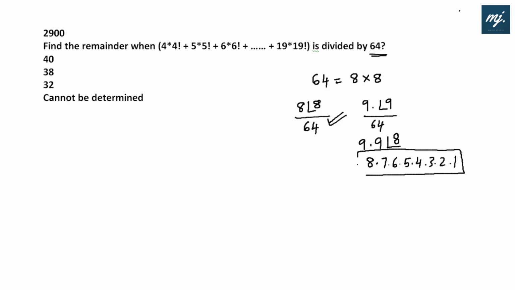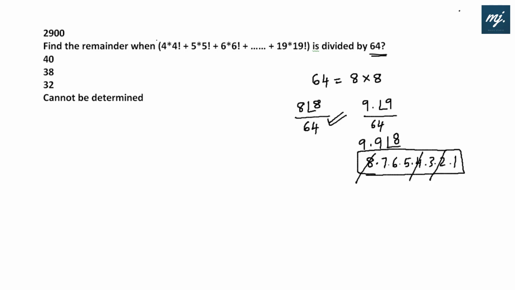If we look at factorial 8, we have got an 8, a 4, and a 2. That means factorial 8 itself is fully divisible by 64, and factorial 8 and above, any factorial is divisible by 64.